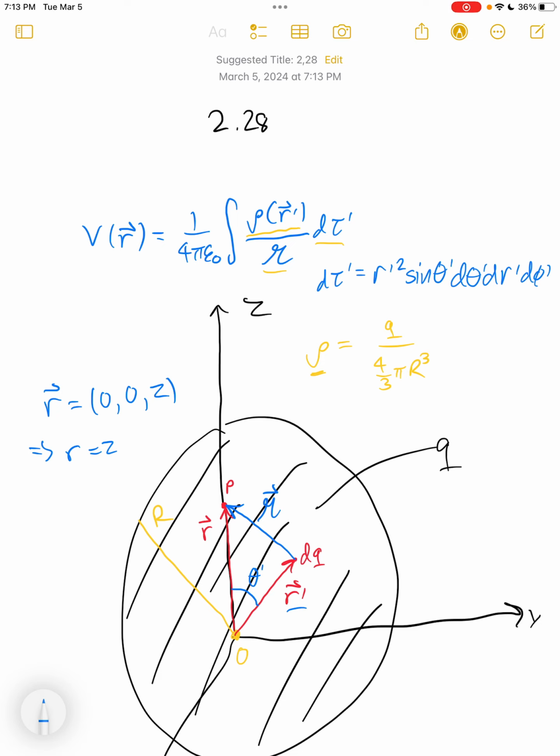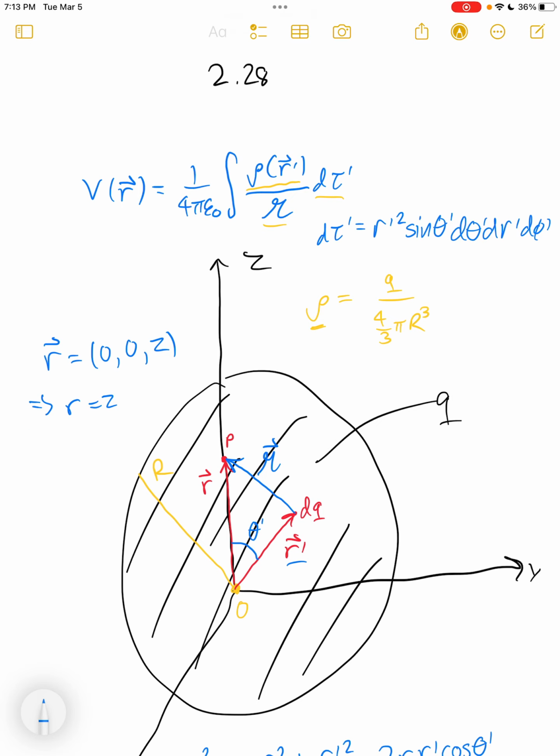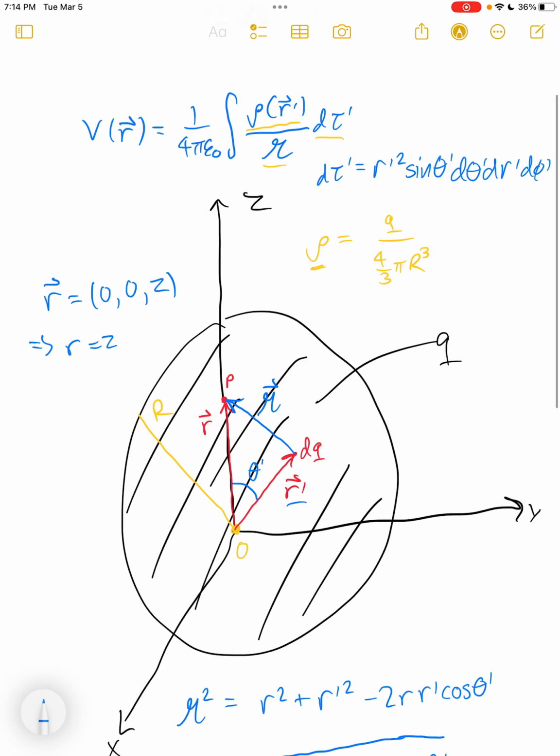The reason I'm doing this is because I'm going to take the integral over theta prime first. When we do that, we can make a nice u substitution that makes the integral a whole lot simpler. It's kind of an ugly nightmare when you take the integral over r prime first. So to make life easier for ourselves, which is always nice, we're going to take the integral over theta prime first.